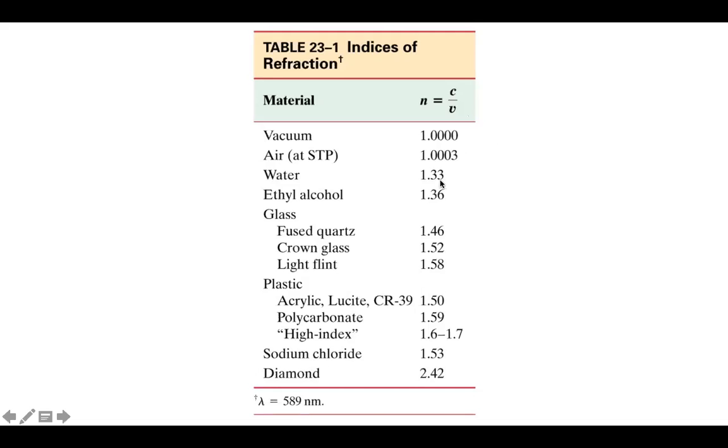And you can see the index of refraction increasing with different materials. The greater the index of refraction, the slower the light is as it goes through that substance, and the greater the light bends. That's why diamonds are so shiny.